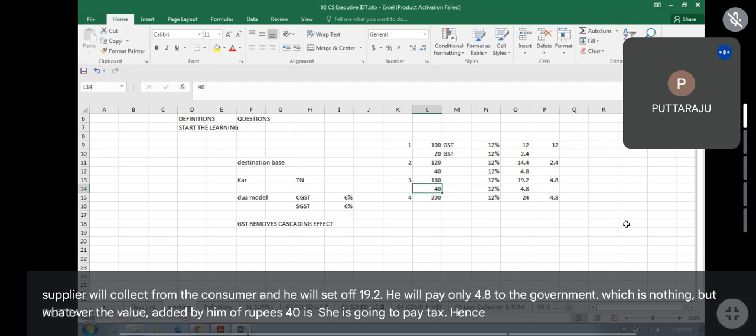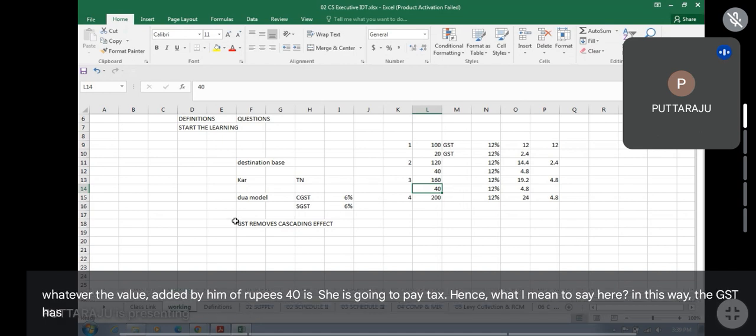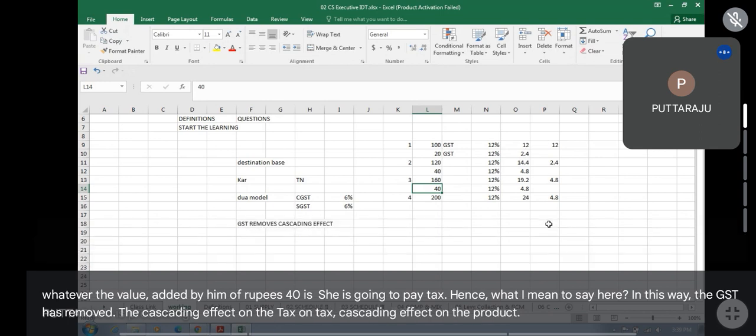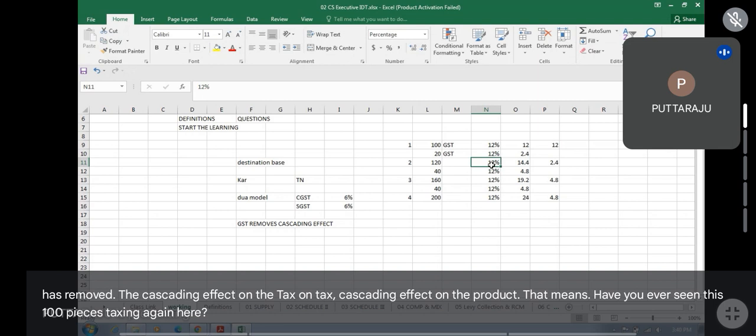Hence, what I mean to say here, in this way, GST has removed the cascading effect, tax on tax, on the product. That means, have you ever seen this 100 rupees being taxed again here? No. Why?